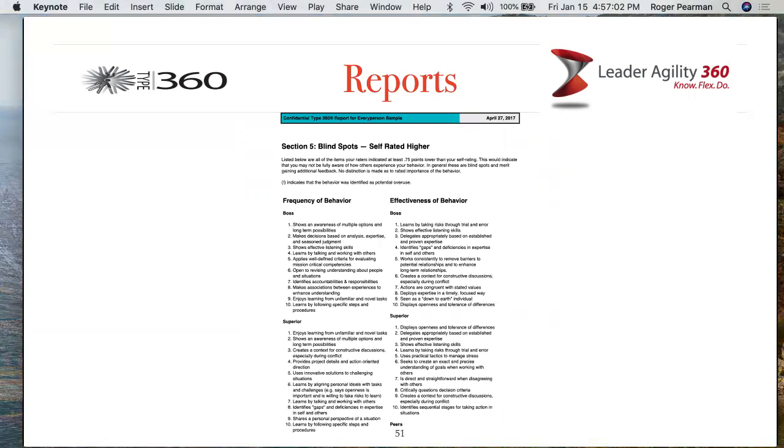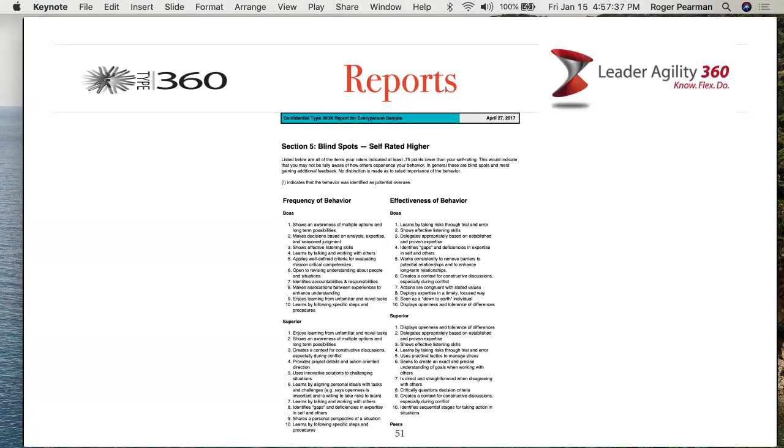You'll find that in each section of the report, there's a blind spot and a hidden strengths element, and it sorts it by each of the rater groups. So what happens in the statistical analysis is if there's a 0.75 point difference between the self-rating and the others in the averages, if it's much lower, it will indicate a blind spot.